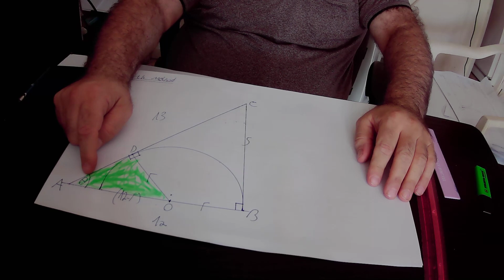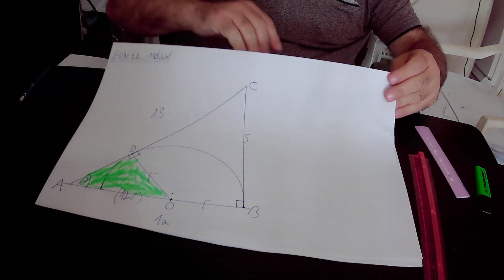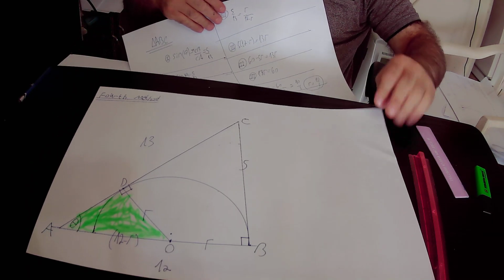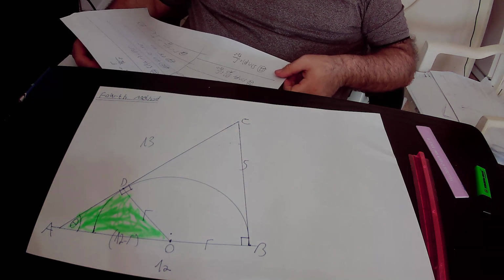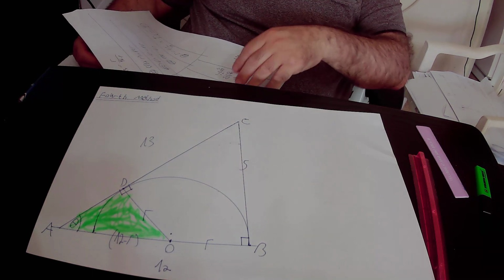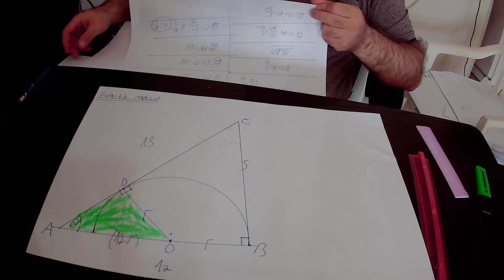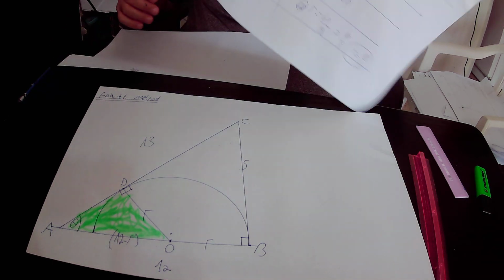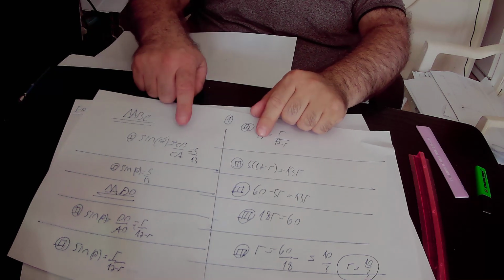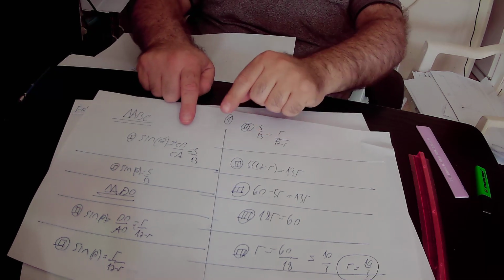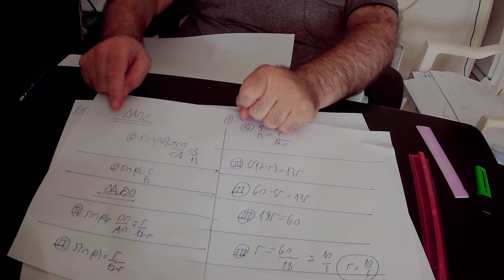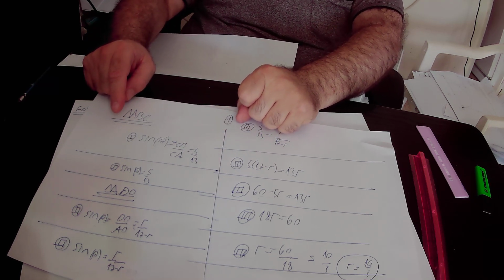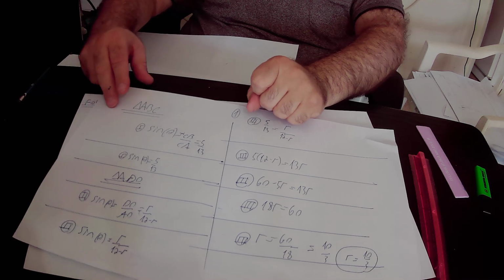Then we focused on triangle ABC, and sine theta in triangle ABC equals CB over CA. CB is 5, CA is 13. So in conclusion, we found out that sine theta equals 5 over 13 according to equation number 1.